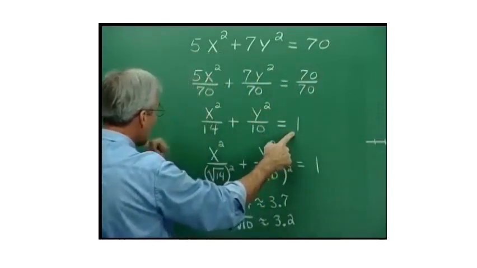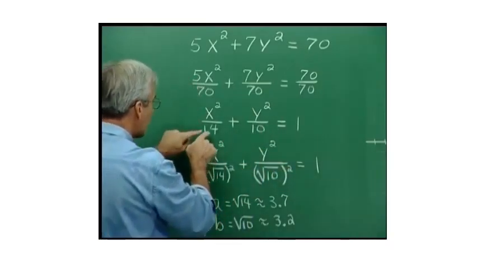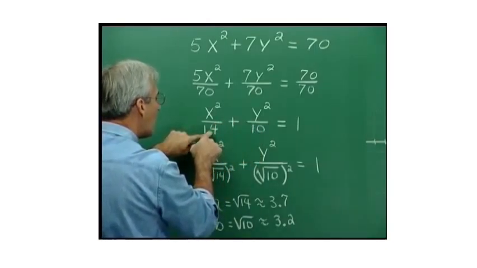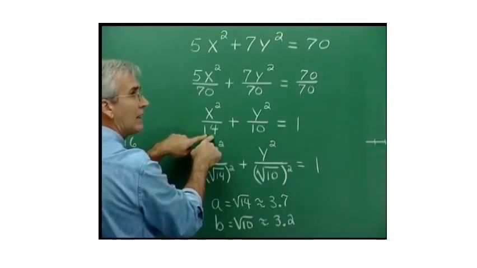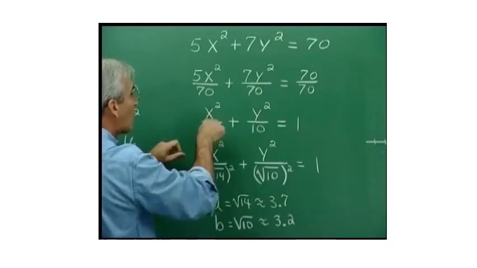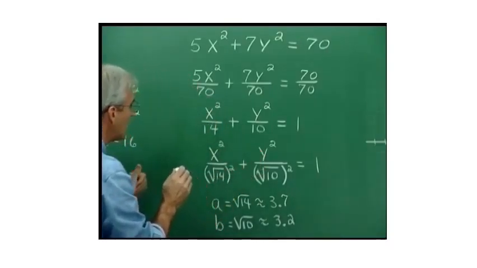Now look at what we have over here. Well, we have a couple of denominators. We notice that the first one is larger than that one, so we know that the a value is the square root of 14. And also we see that it's under x, so we're going to be elongated horizontally. And that's the important thing about the graph here that we need to notice.